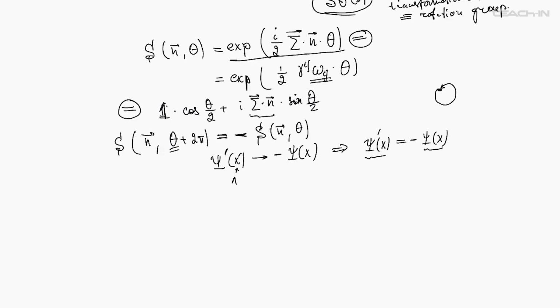It's what is called double-valued representation in representation theory, a double-valued representation of the rotation group. And this is a specific of this spinor representation.